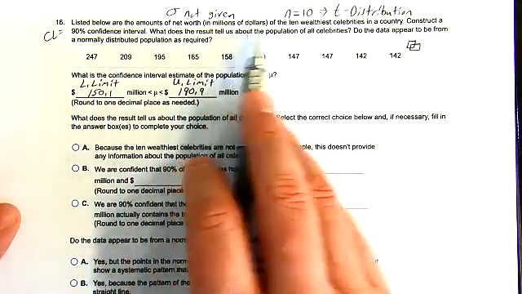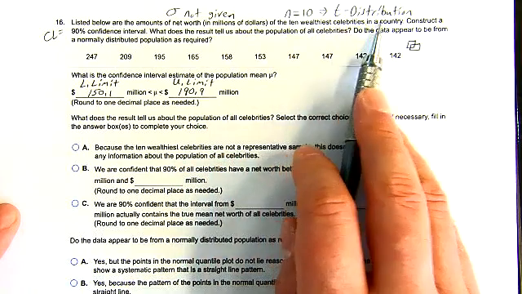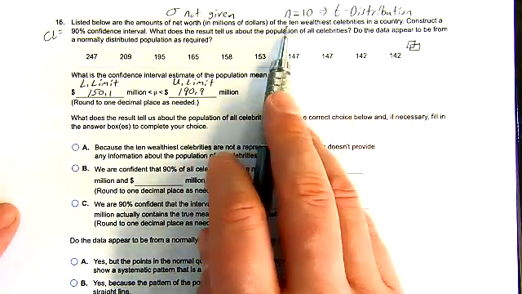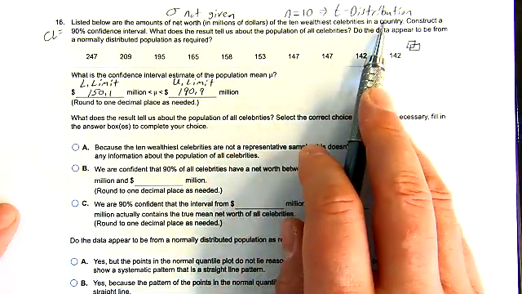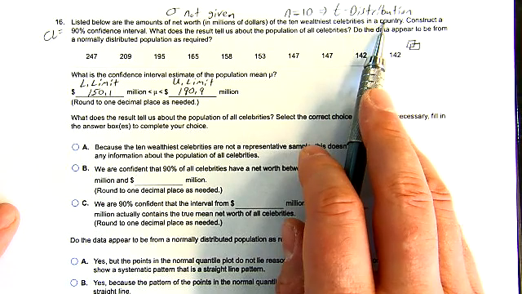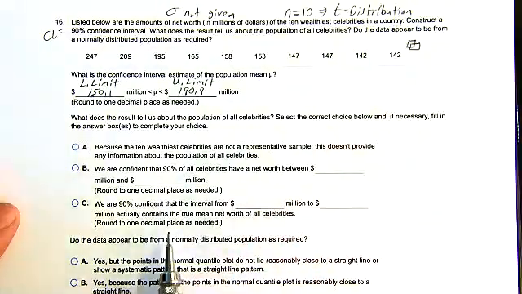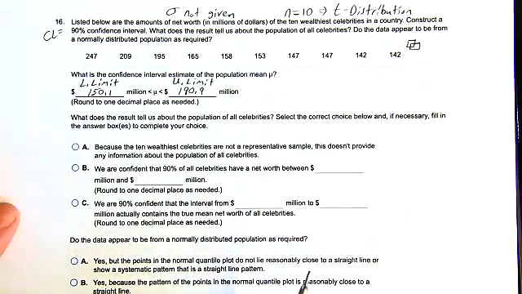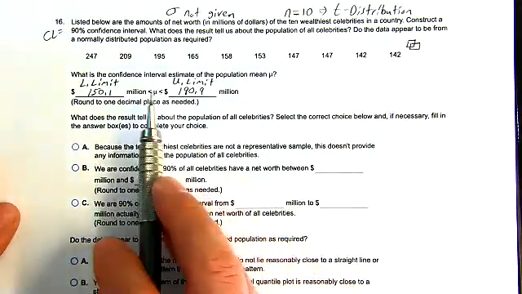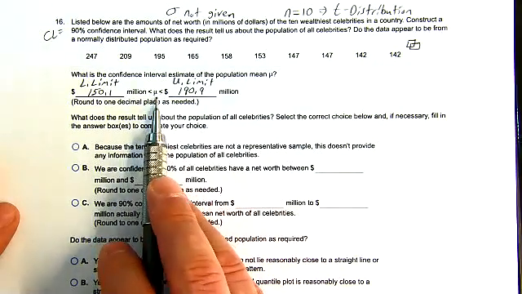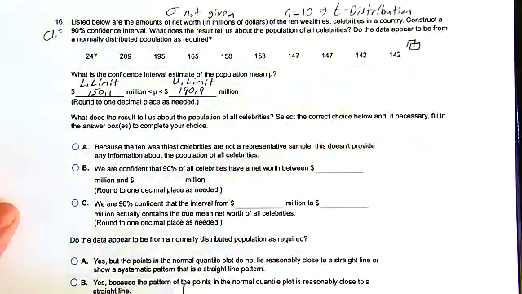This sample was the 10 wealthiest celebrities in a country. Can we use those 10 people in a country to speak about celebrities across the whole world, across all countries? No, that's exactly right. So we can only say that this would be the mean net worth of celebrities in that country specifically. So the wording has to be exactly the same.